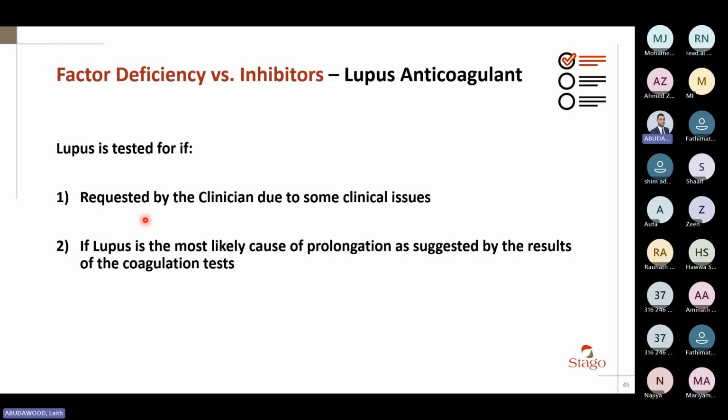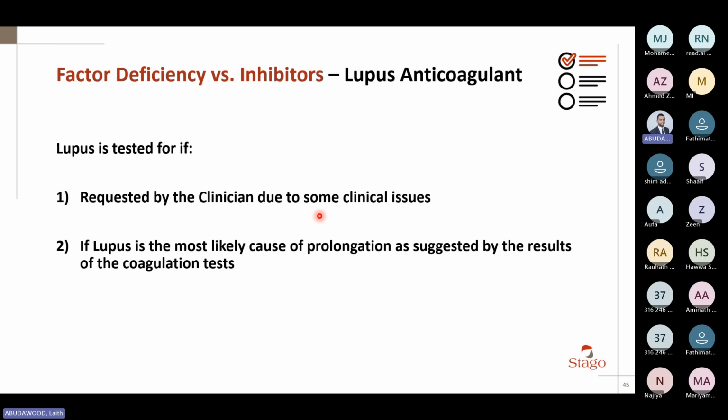One, if the clinician treating this patient requested lupus testing because he's suspecting that this patient may have a lupus anticoagulant. Okay, so that's situation one. The clinician is the one requesting because they have a reason to suspect lupus anticoagulant. The second reason: if I'm doing a PT-PTT, then one is prolonged, then I do the mixing.